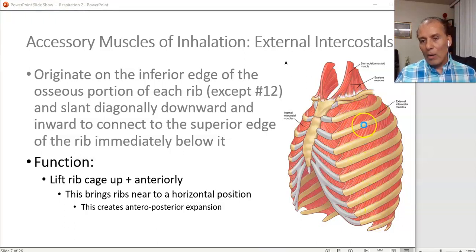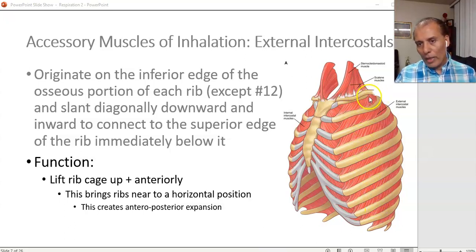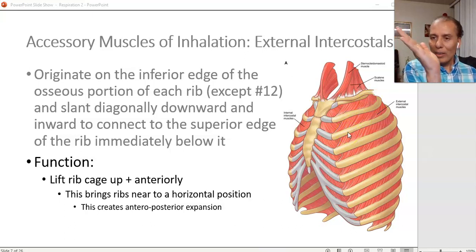As you could see, they are oriented. They descend, come down from the inferior border of a rib, and slant medially and inferiorly, obliquely. Say obliquely like this.